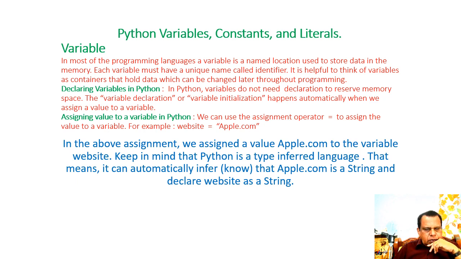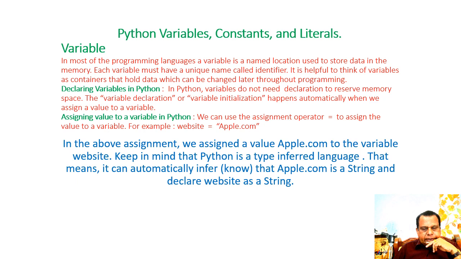Assigning value to a variable in Python. We can use the assignment operator =, to assign the value to a variable. For example, look, website is equal to apple.com. Apple.com is in double quote. In the above assignment, we assigned a value apple.com to the variable website.